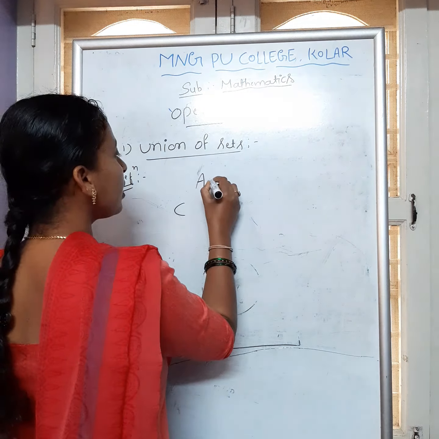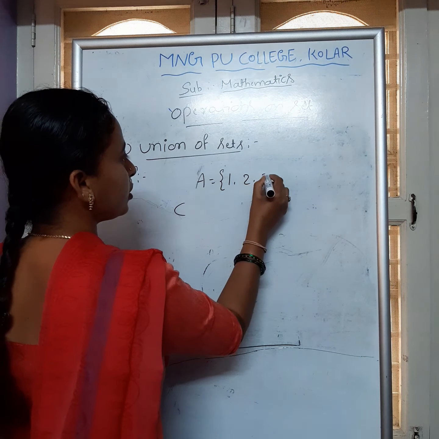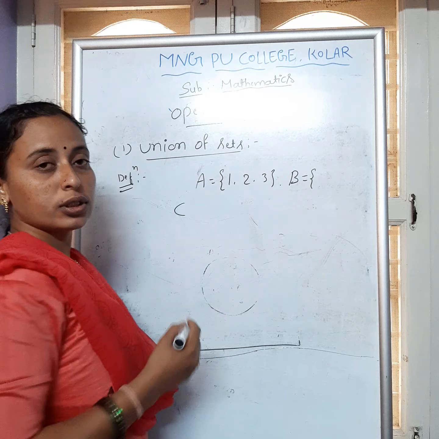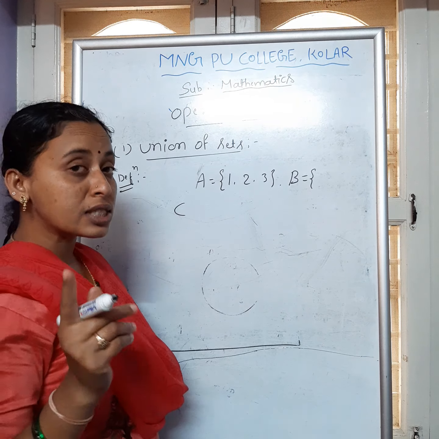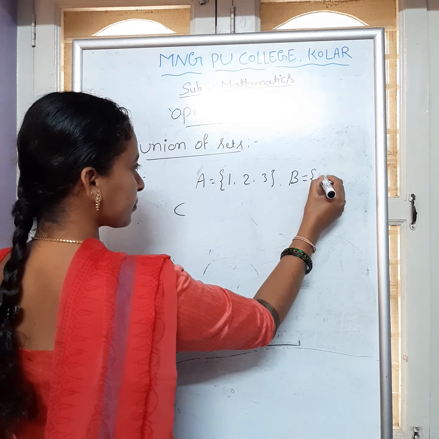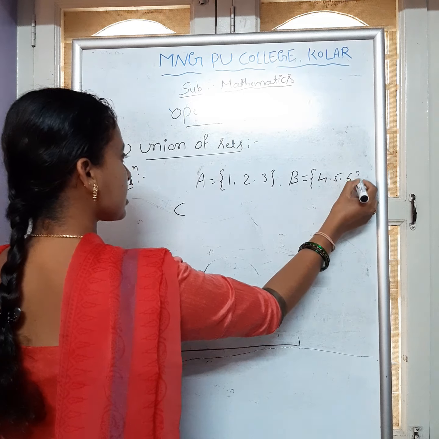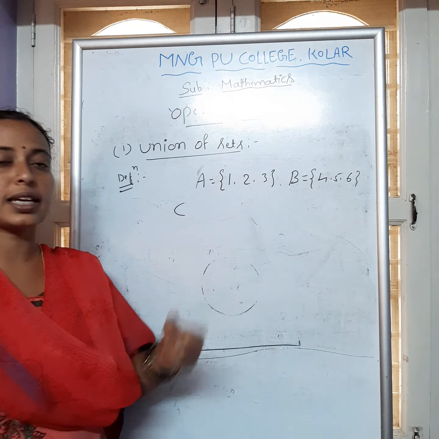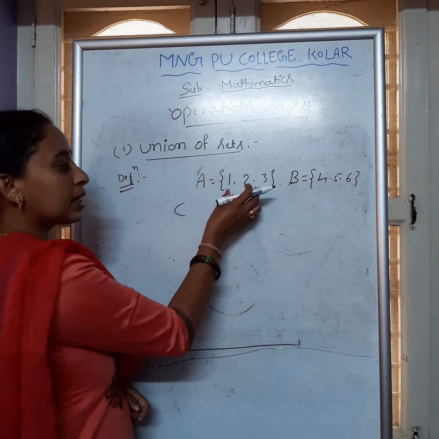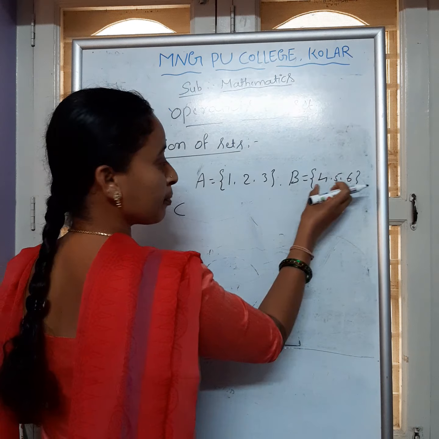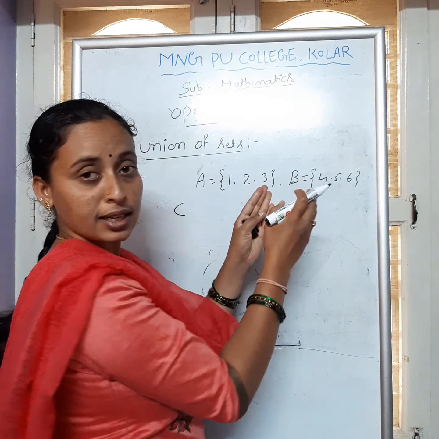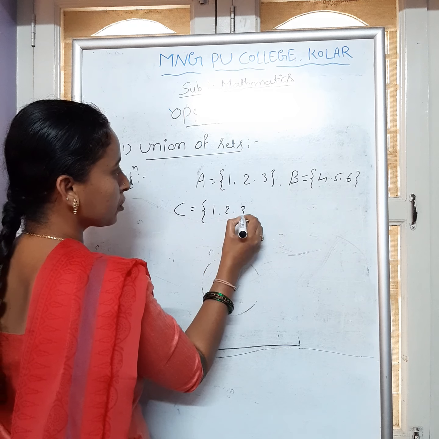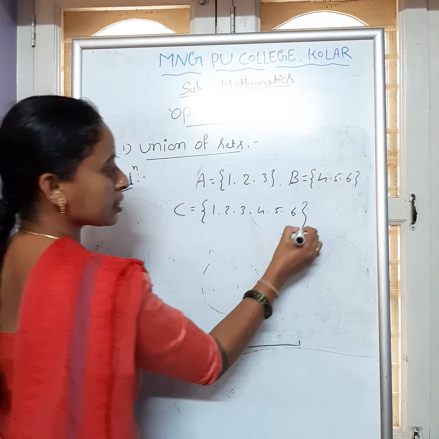Suppose I write one example for this: 1, 2, 3, and another set 4, 5, 6. We have the two sets 1, 2, 3 and 4, 5, 6. All the elements that are in set A or in set B form the set C: 1, 2, 3, 4, 5, 6.